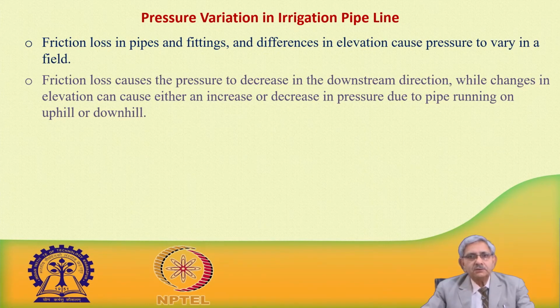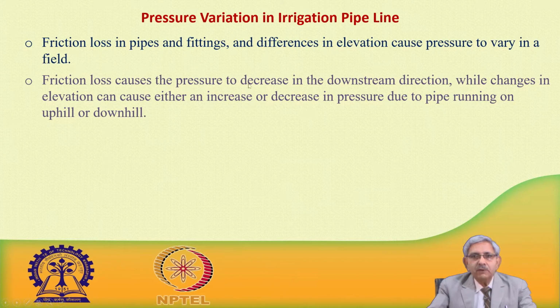Now, pressure loss or head loss takes place due to friction in the pipes and due to fittings. The pressure variation could also be due to elevation change. The pressure variation in the field will change depending on the field situation; it will increase or decrease depending on the way the pipeline is running.